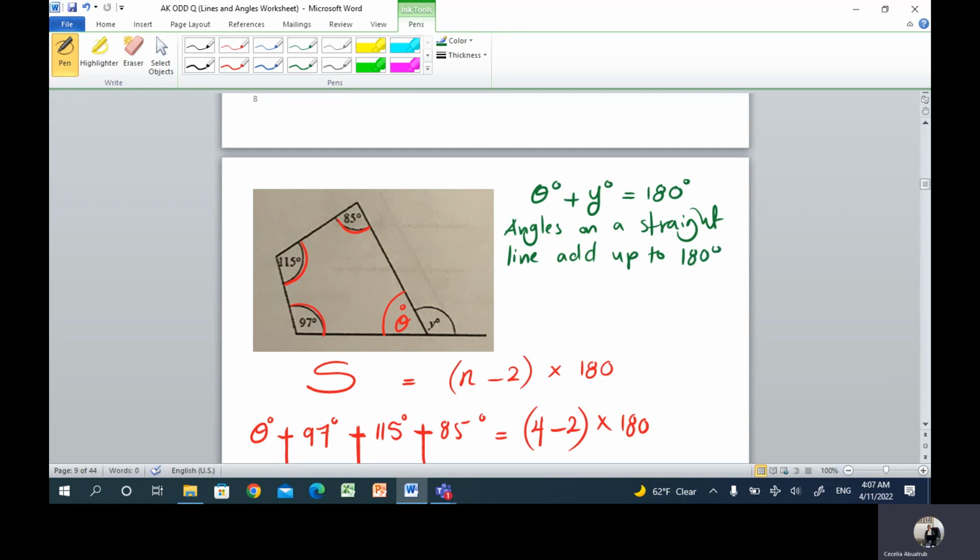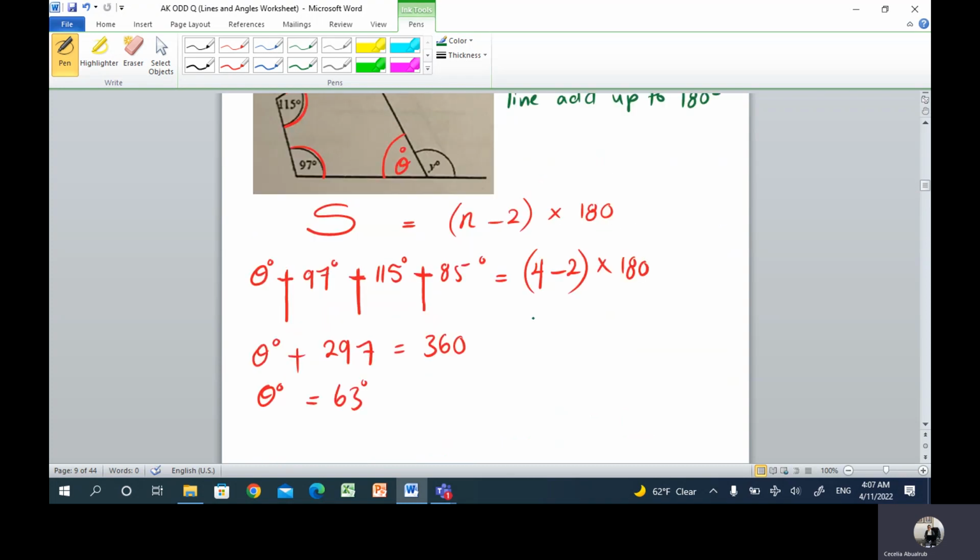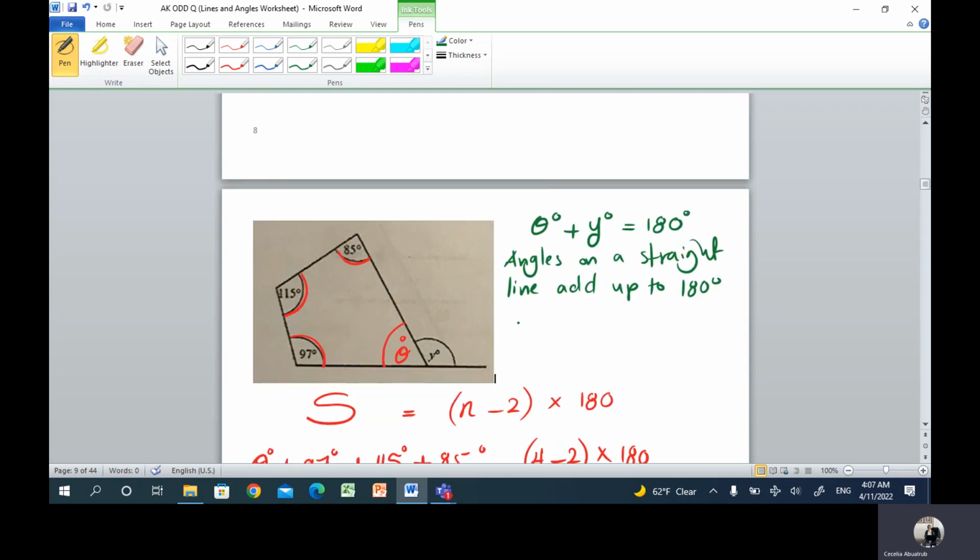And we found theta down there as 63. So we replace theta with 63, plus y is equal to 180. So y is equal to 180 minus 63, and it will be 117 degrees.